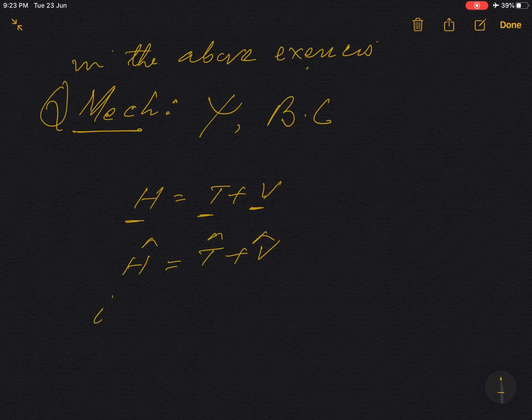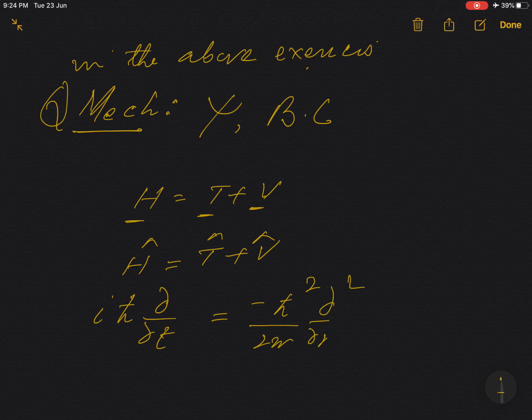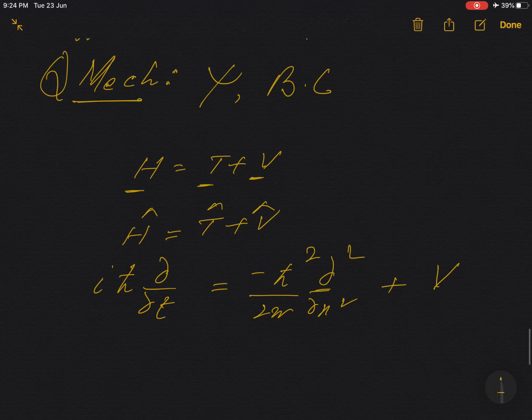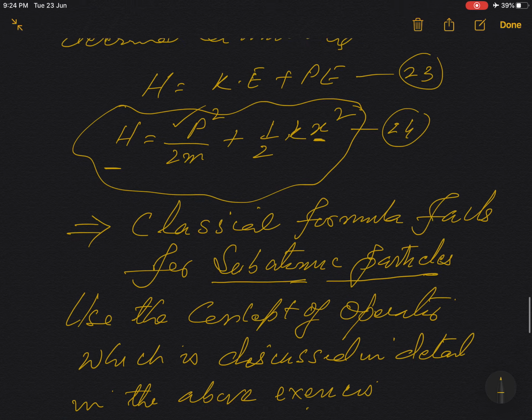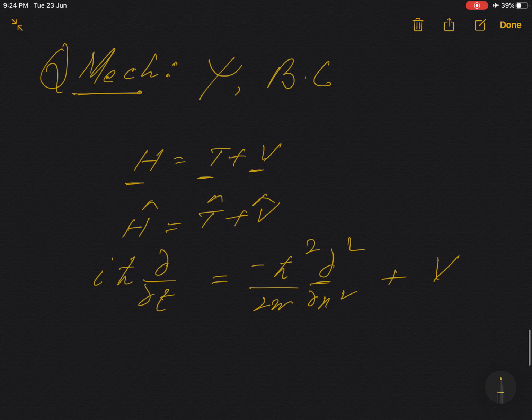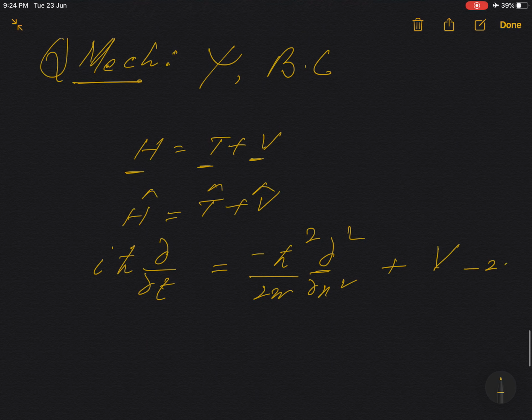Now we already know this can be replaced by i h cross del by del t, equal to, because of the kinetic energy, minus h cross square upon twice m del square upon del x square, plus the potential energy operator represented by V only. Right? So this exactly has no meaning of its own because they are only operators.